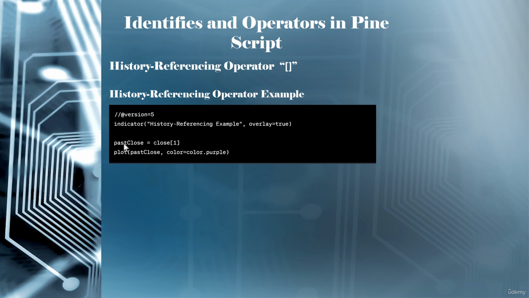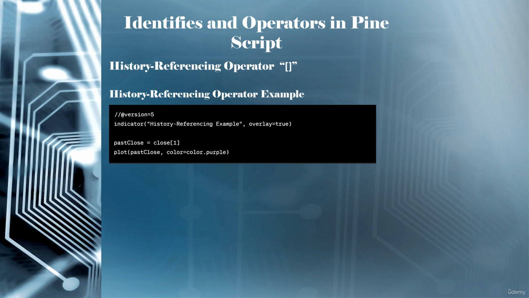In this example, we have the variable past close and we assign the value close with 1 in square brackets to the variable past close. We use the history referencing operator and we specify the value of 1 inside of this operator.